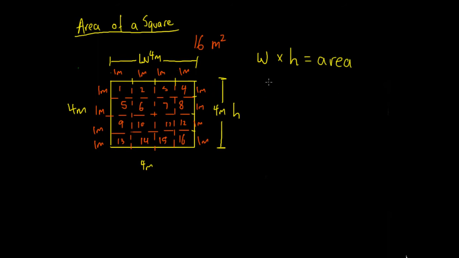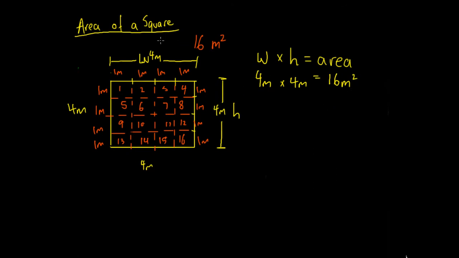So for this shape here, we know our width is 4 meters and our height is 4 meters. So our area of our square is going to be 4 times 4 is 16, and then we have to multiply our units. So meters times meters is going to give us meters squared.